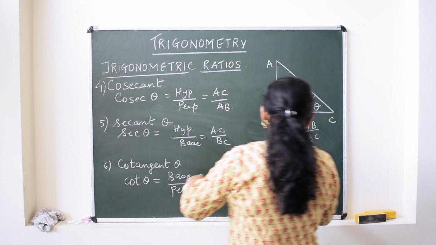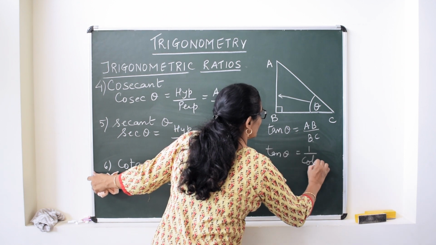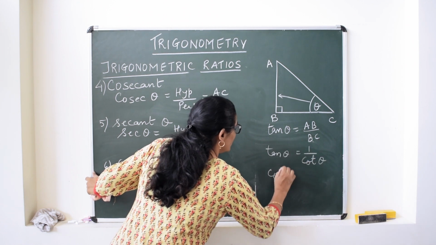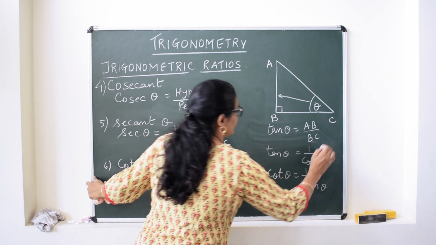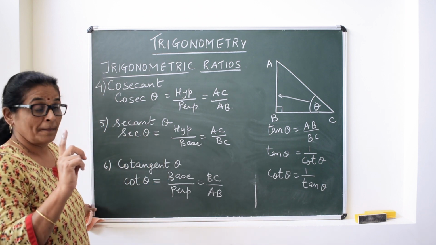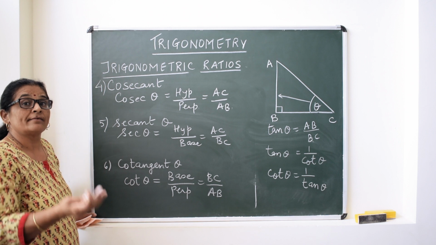So we can say that tan theta is 1 upon cot theta, or cot theta is 1 upon tan theta.